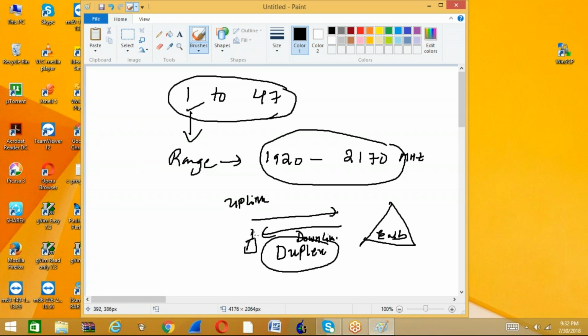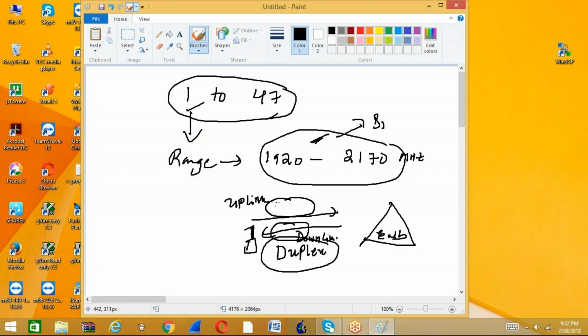When the mobile is communicating in the uplink, this frequency range should be different from the downlink range, otherwise there will be interference. So I have to divide within this band, B1.